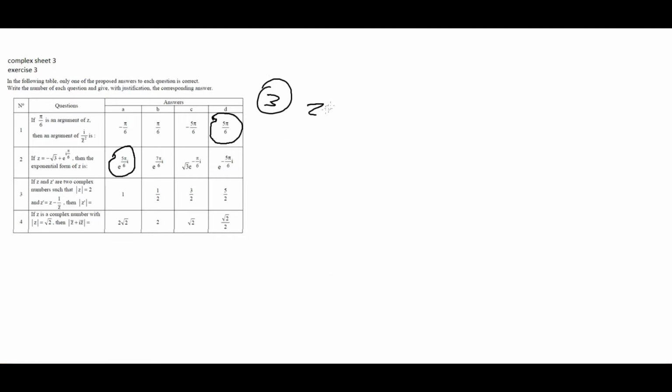We have z prime, which is given. It's equal to z minus 1 over z bar. That's given. He's asking what the modulus of z prime is, where the modulus of z is equal to 2. So taking the same denominator, it will be z z bar minus 1 over z bar.